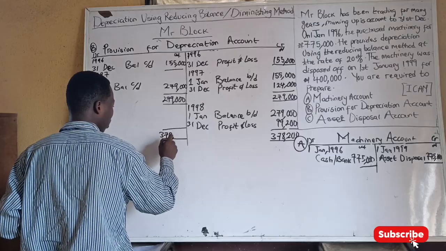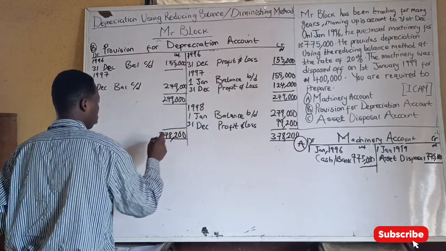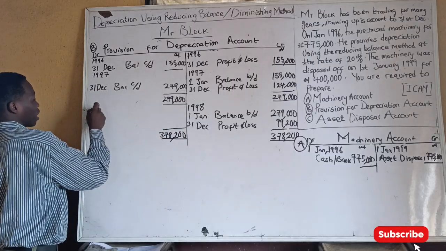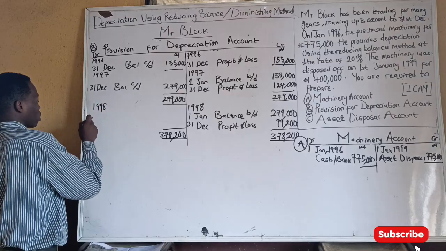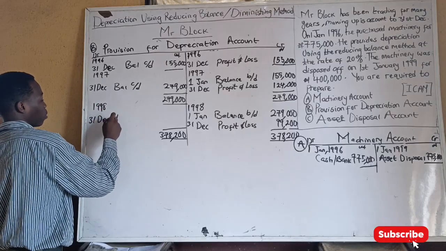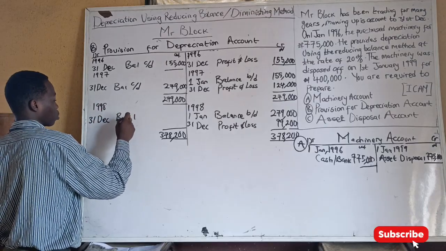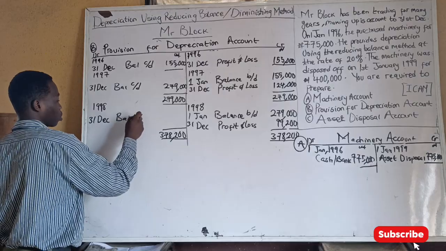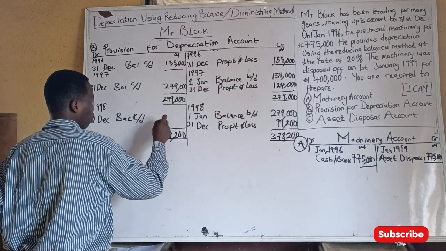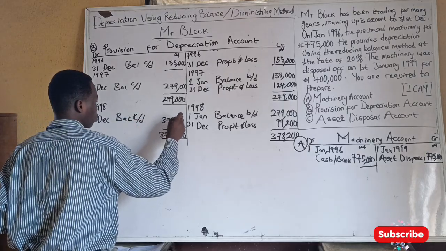Then we move to this side. The total also will be 378,200. So 1998, 31st December, balance carried down, which is 378,200.